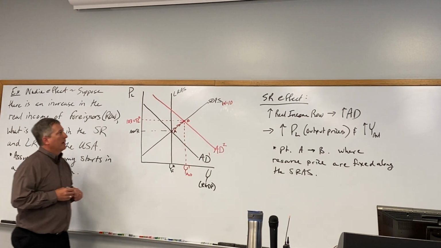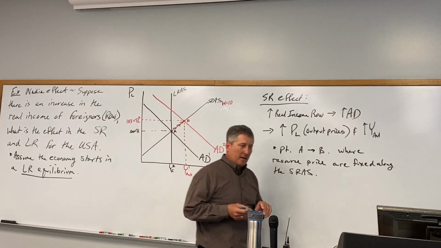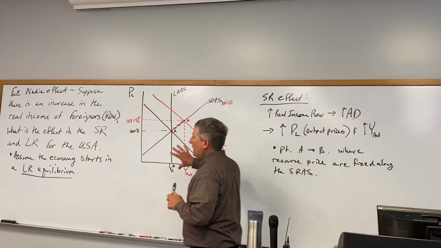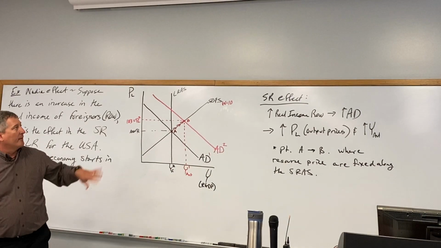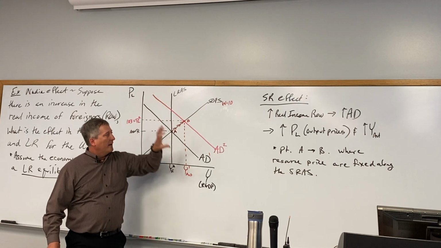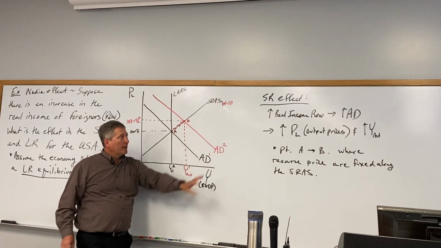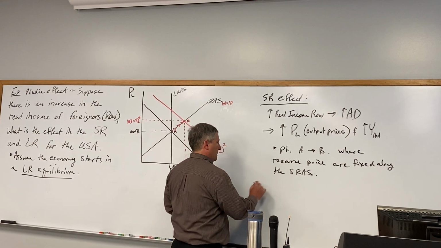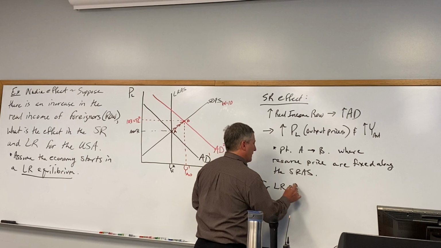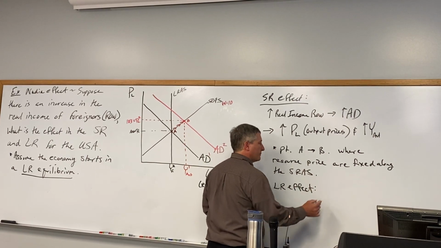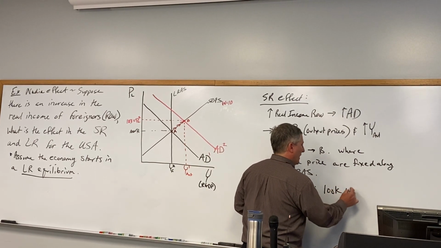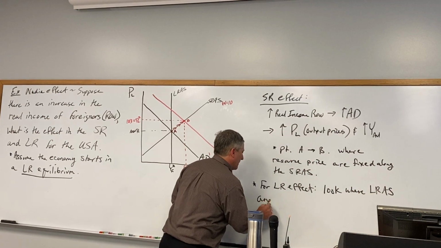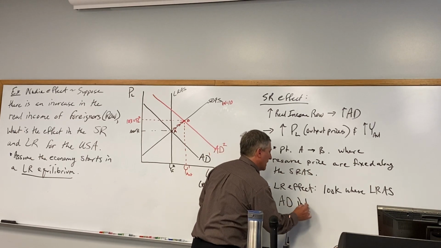All right, so then where are we going in the long run? Now in the long run, the economy is going to get back to where the long run aggregate supply and the aggregate demand intersect. So kind of the key point here, to figure out the short run effect, and for the long run effect, look where long run aggregate supply and aggregate demand intersect.